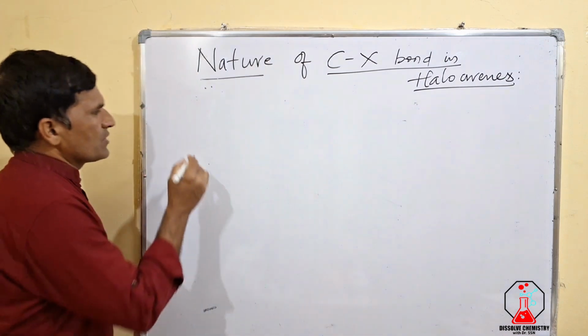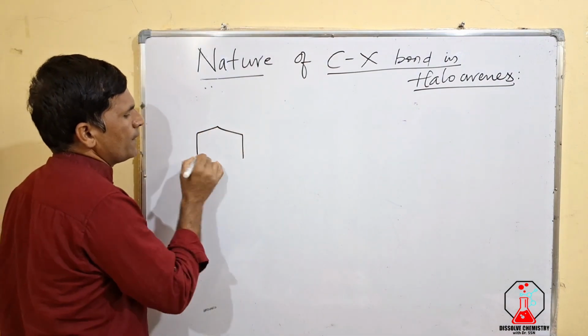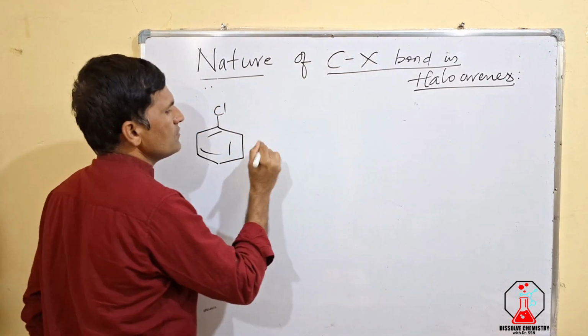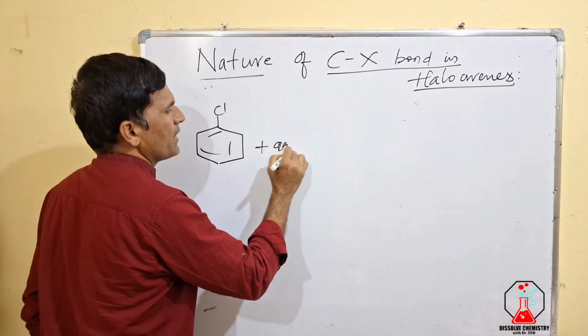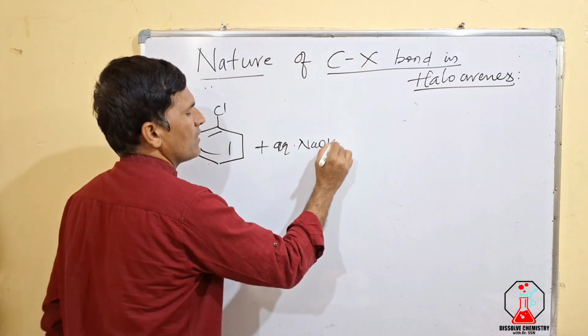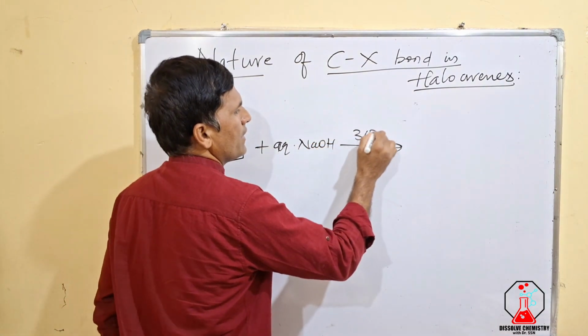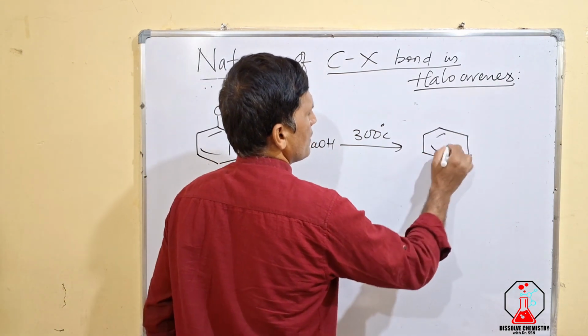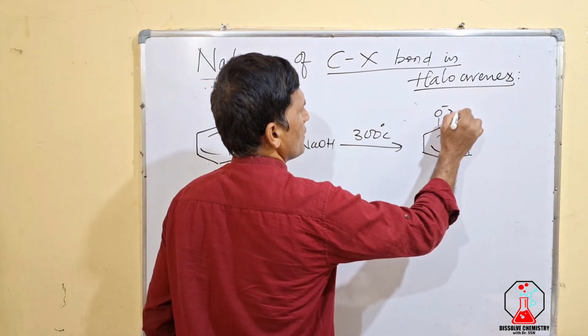The nucleophilic substitution reaction: if you take chlorobenzene plus aqueous NaOH, you will take one example. At 300 degrees Celsius, you are expected to heat to bring about the nucleophilic substitution.